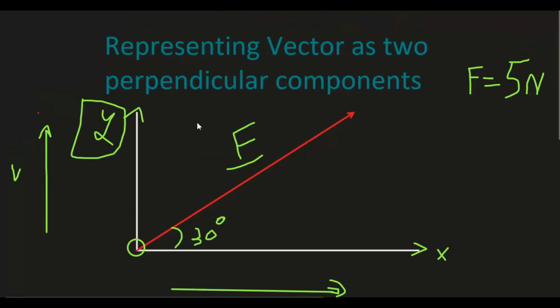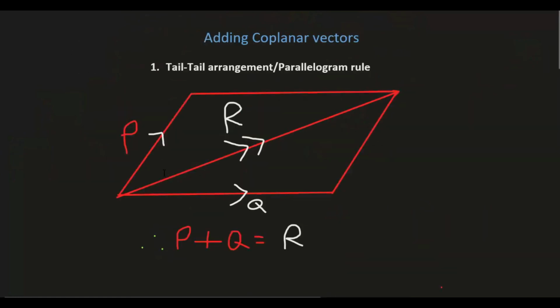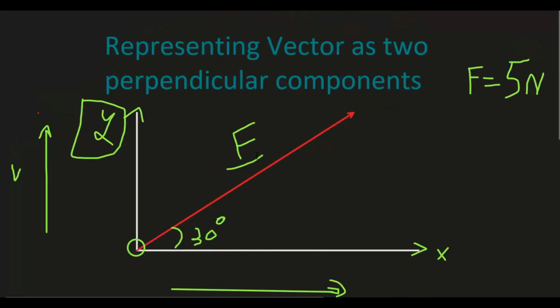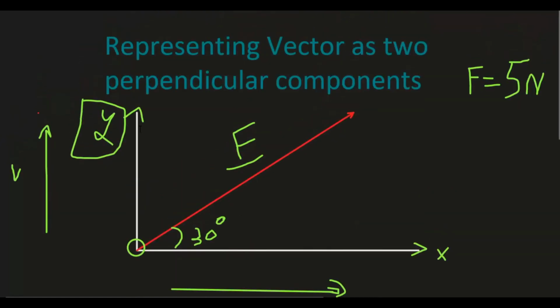Remember that while we were talking about vectors here, adding vectors, we said that force here and force here and the resultant force was this one. It's the same here because we know that force is a vector quantity, right? So a force in this direction and a force in this direction, think of it as a vector in this direction and a vector in this direction, and the resultant vector or the addition of these two vector gives us a vector in this direction.